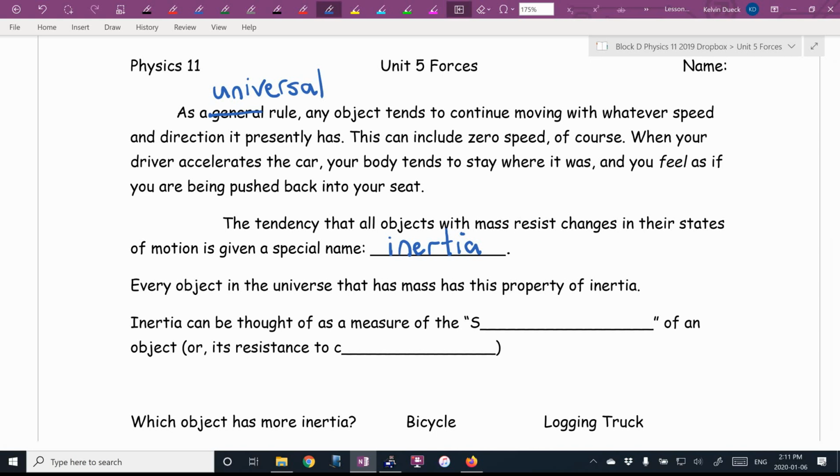You can sort of think of inertia as a measure of the stubbornness an object possesses. The more mass, the more inertia, the more it's going to want to keep going the way it is. Doesn't want to change. In fact, you can think of it as its resistance to change.